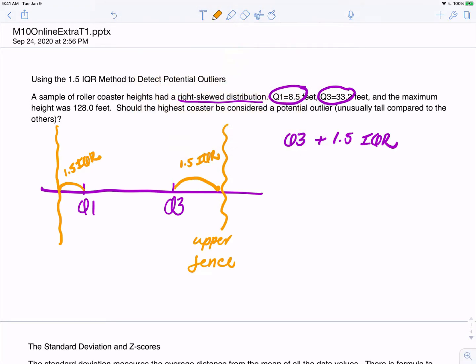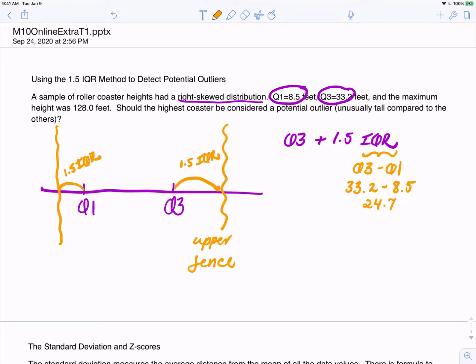So just as a reminder, the IQR is simply Q3 minus Q1, or in other words, 33.2 minus 8.5. So let's take a moment to compute that. If we take 33.2 and subtract 8.5, we get a value of 24.7.